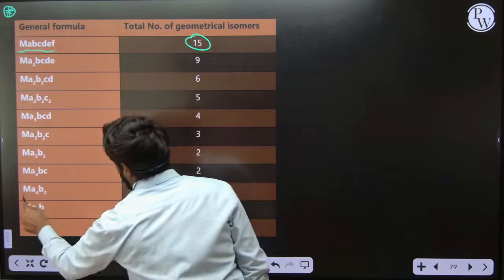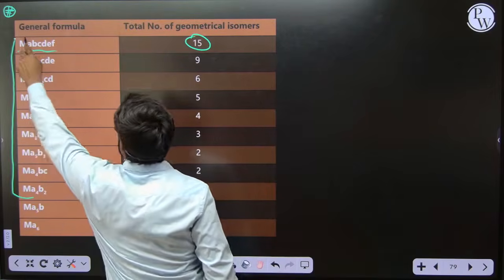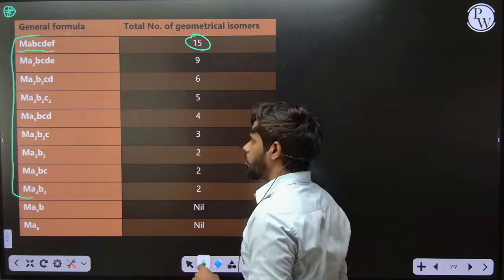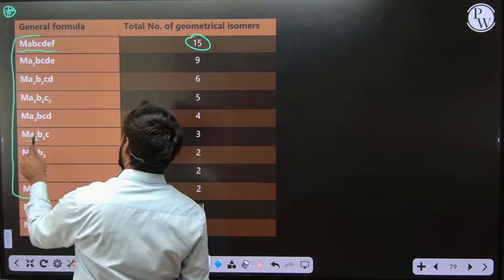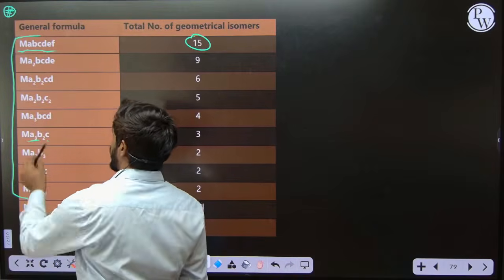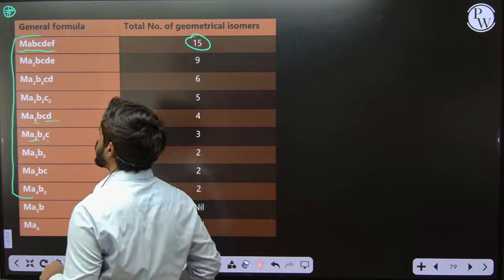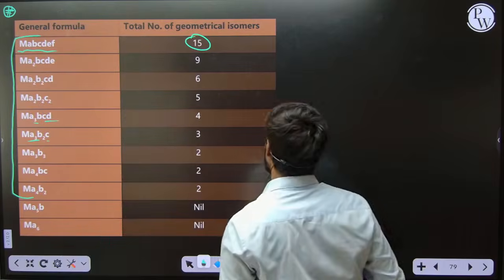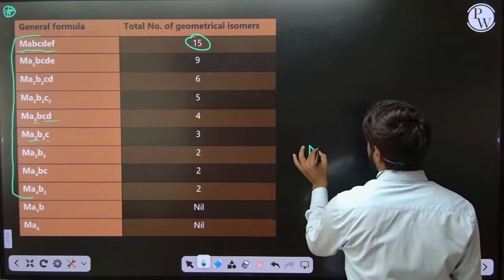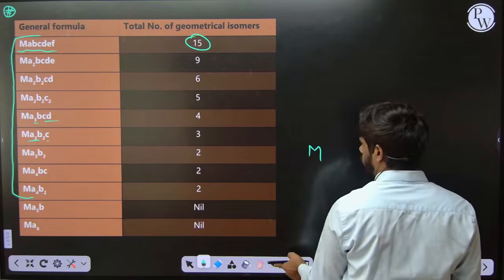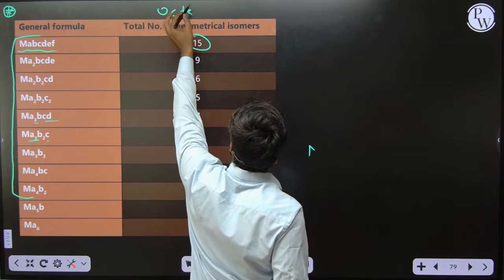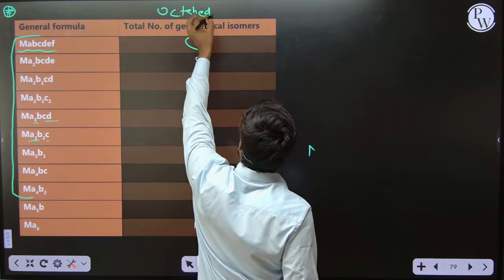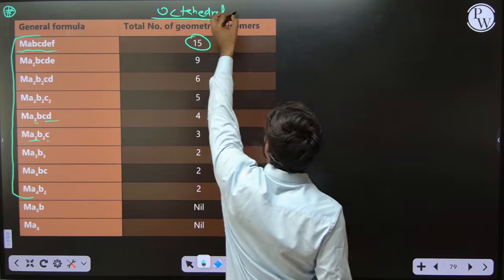From here: A4B2, A4BC, A3B3, next A3B2C, A3BCD. So these are all for the octahedral complex.